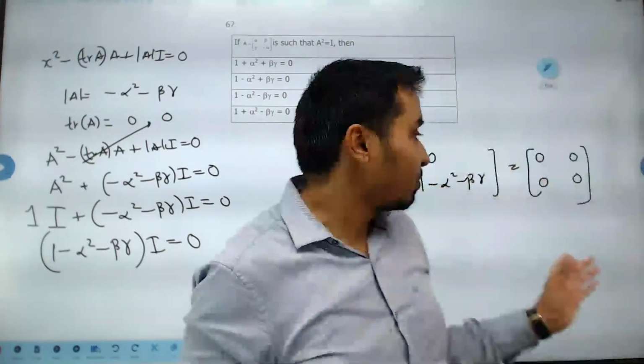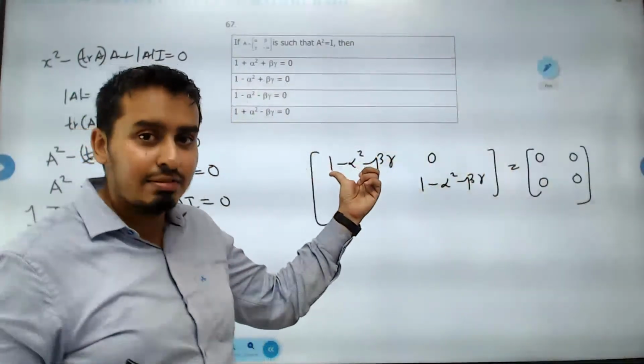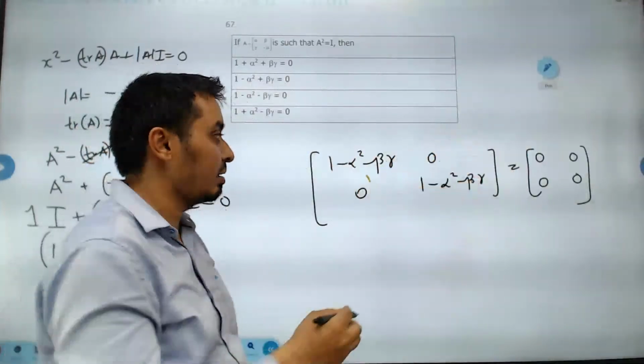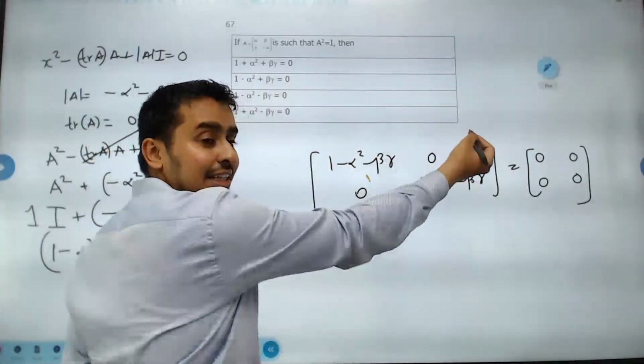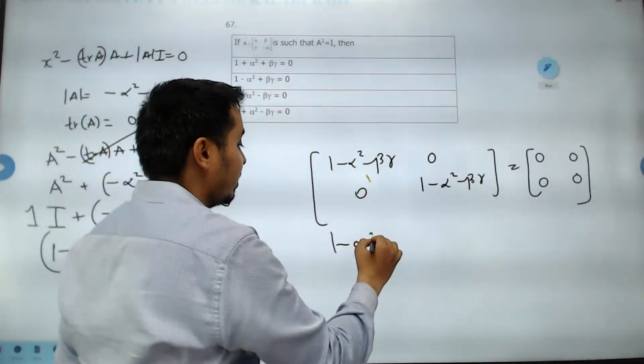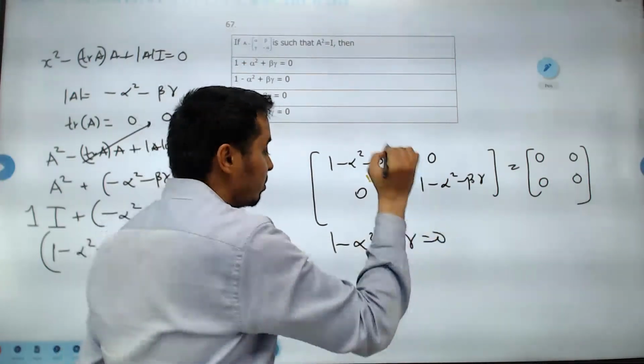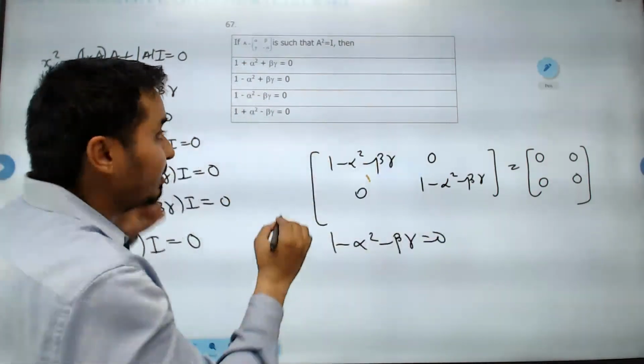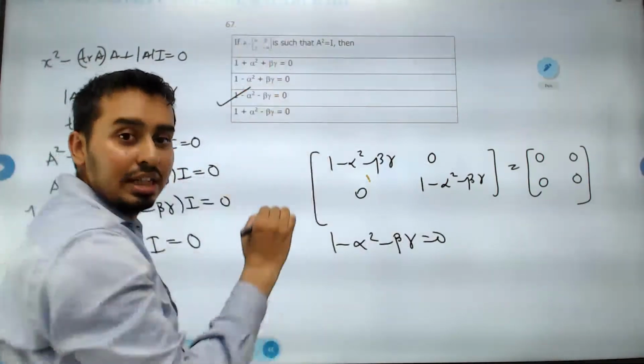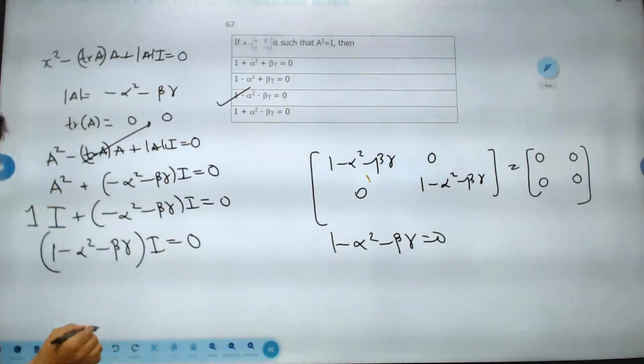So when we equate the corresponding elements, we get 1 minus alpha square minus beta gamma is 0. So it's option 3. I hope it's clear.